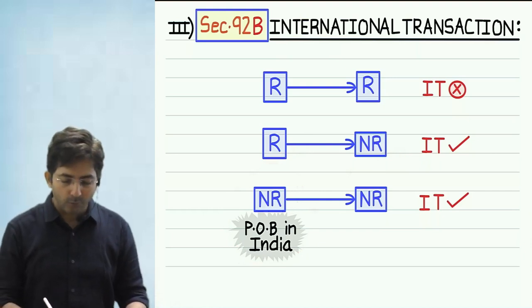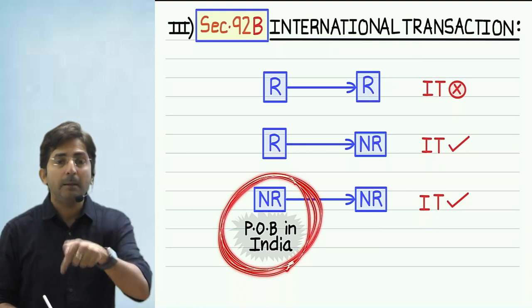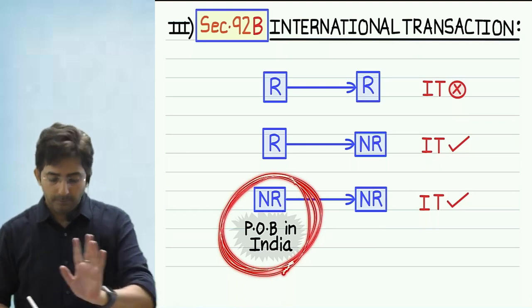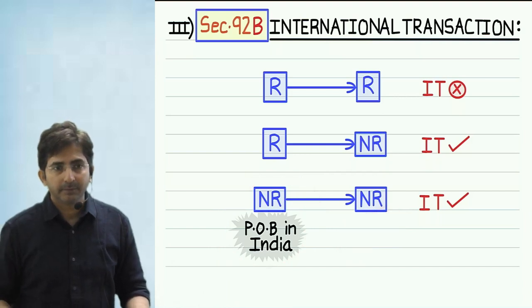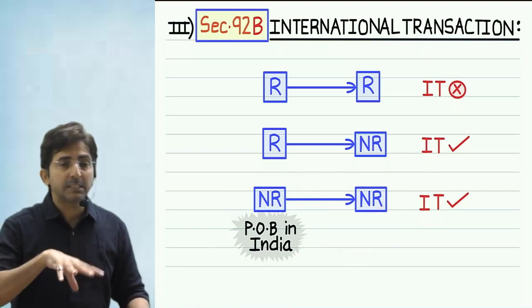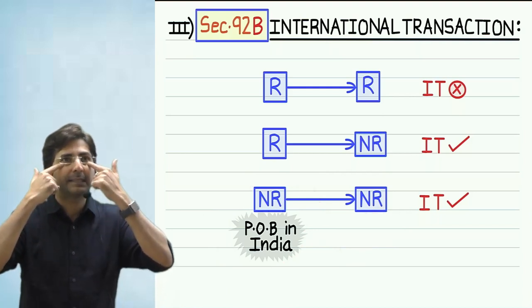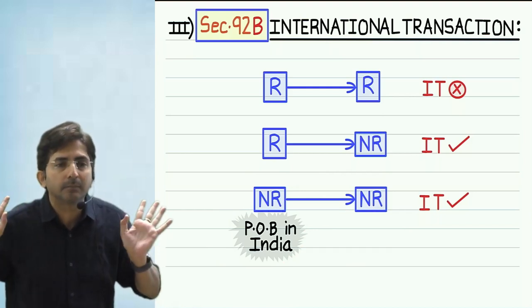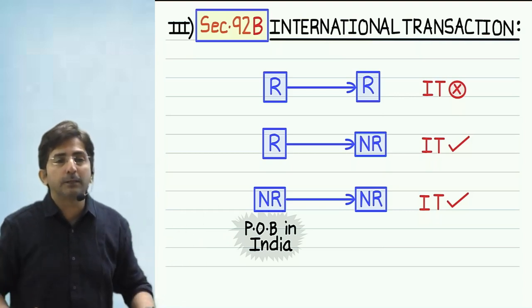Indirectly it means that this NR having a place of business in India will be liable to pay tax in India, but the other NR should have no connection with India. So if this situation is discovered by the law, in the eyes of law, it is an international transaction, because they see base erosion, profit shifting.